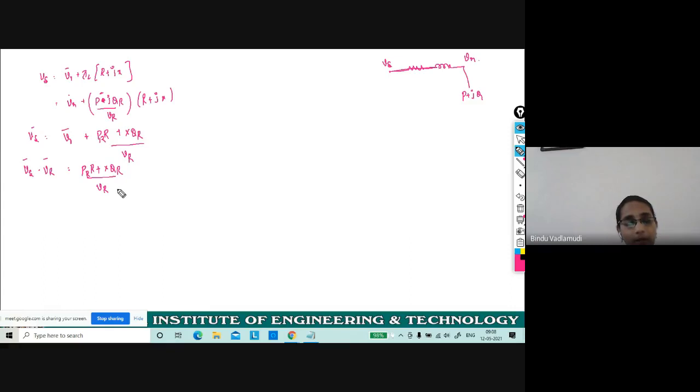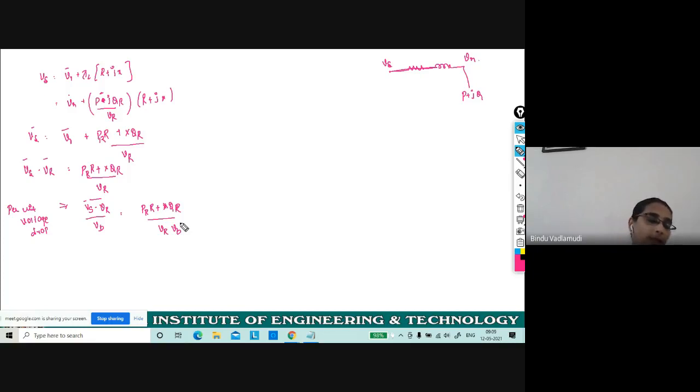Now per unit voltage drop is equal to Vs bar minus VR bar divided by VB, which is equal to (PR into R plus X into QR) by VR into VB. Can I write like this?